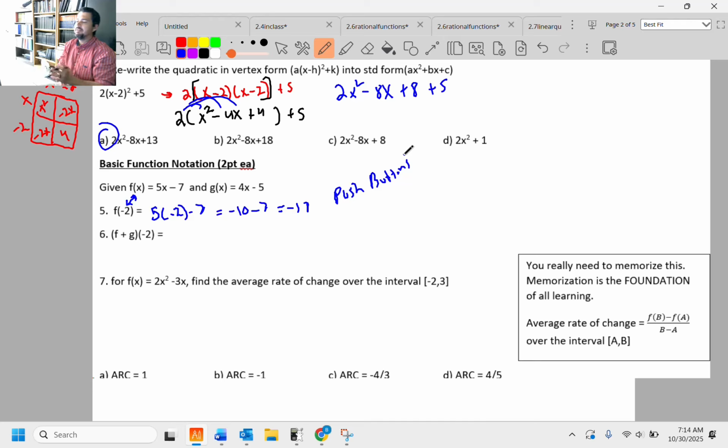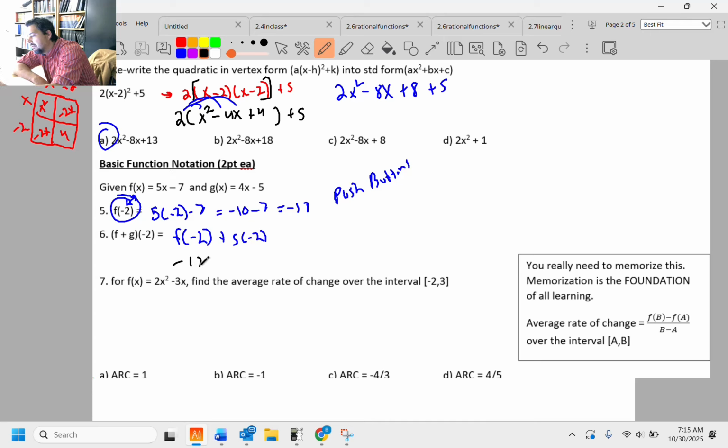Now, here we have this notation, f plus g of negative 2. You can think of it as f of negative 2 plus g of negative 2. Now, we literally just did f of negative 2 right here, and it was negative 17, okay?